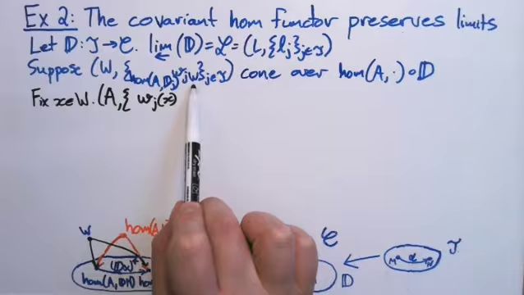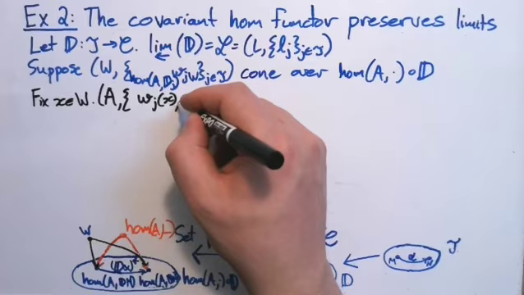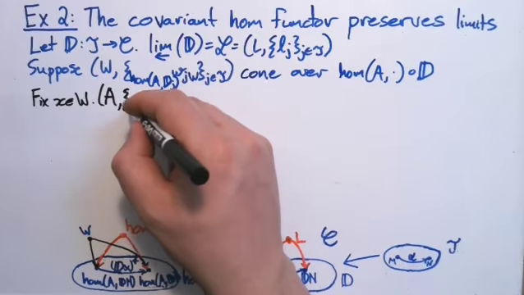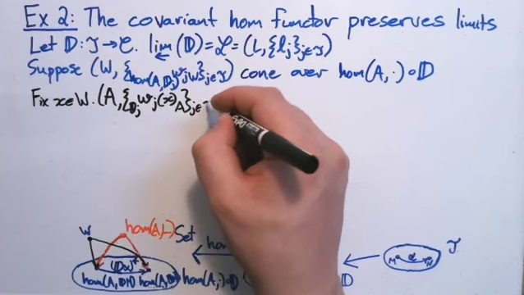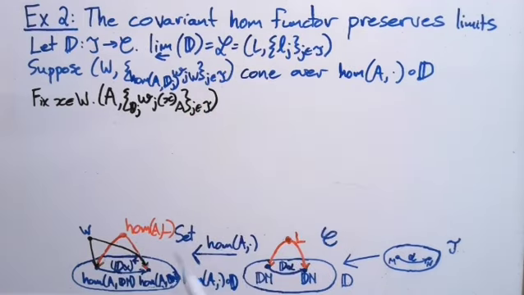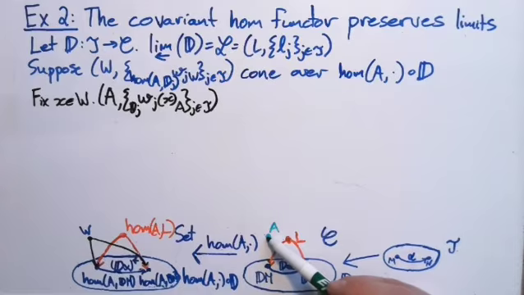So when I take an element of W, I get back a morphism going from A into D of j, and this is for all j in J. So what is this? It's our source object for our covariant hom functor, A, and then one morphism going from A into each of the D_j's, right?